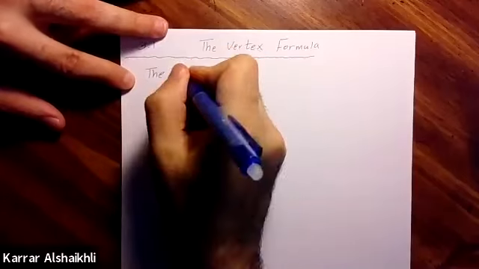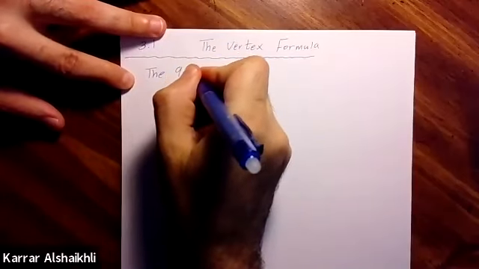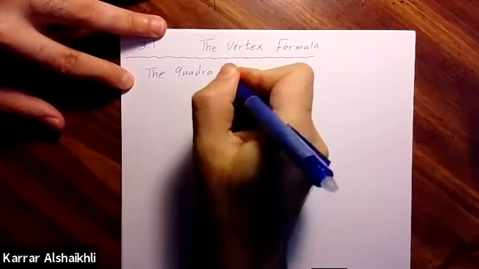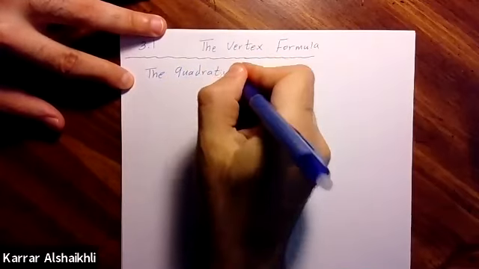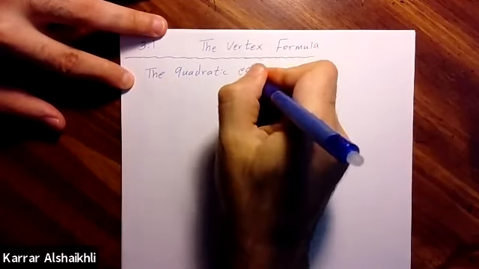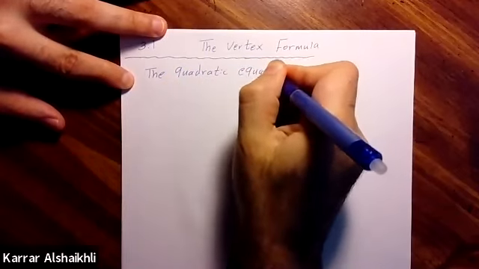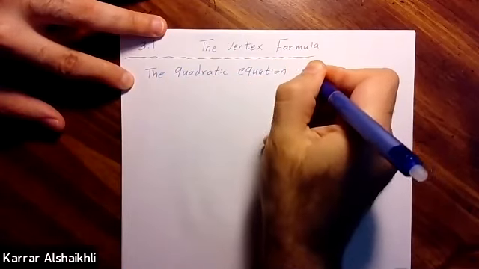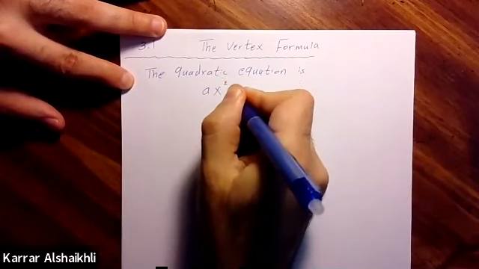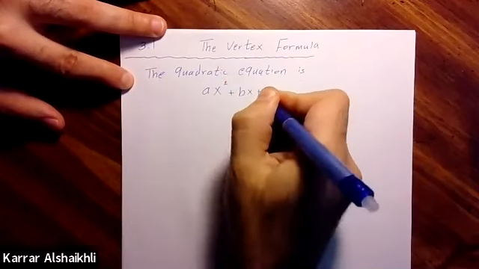We already know the formula for the quadratic equation is ax squared plus bx plus c.